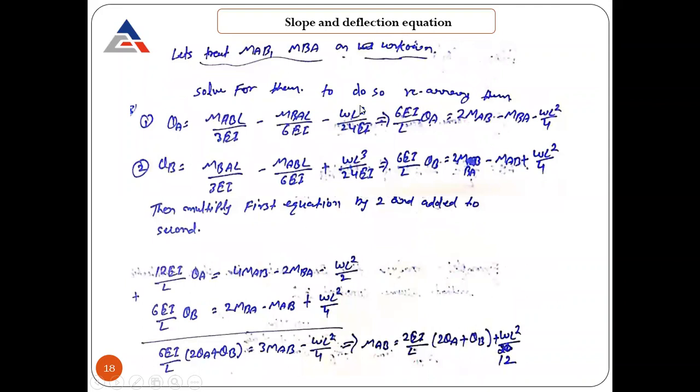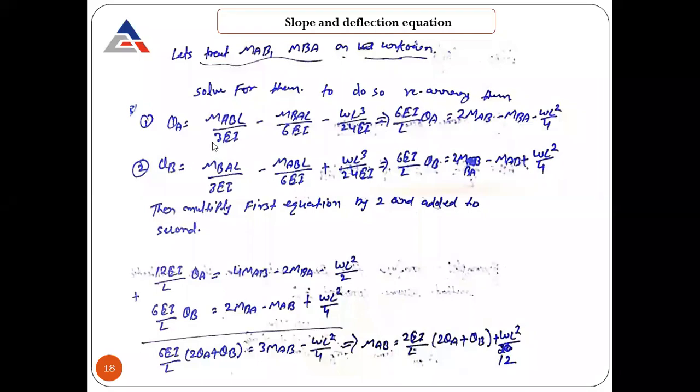Solve for them, and first of all we need to rearrange them. Rearranging is nothing but taking the common factor out, taking terms to the other side and simplifying. By doing so, you will get 6EI by L theta A is equal to 2MAB minus MBA minus WL square by 4. So we are discussing the first equation.